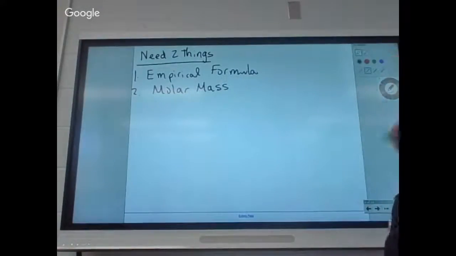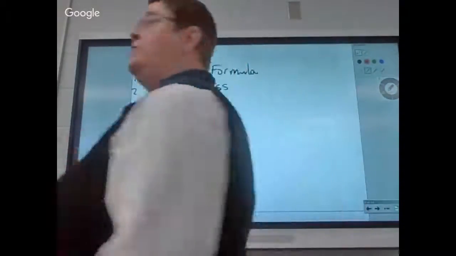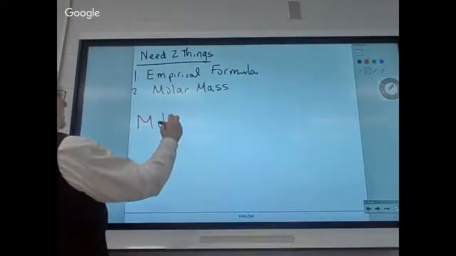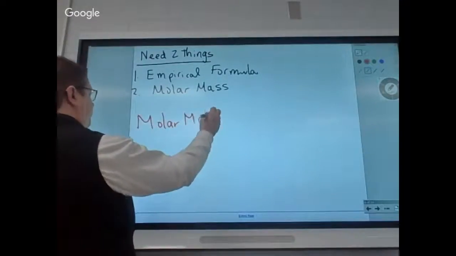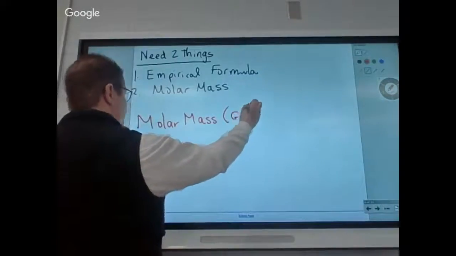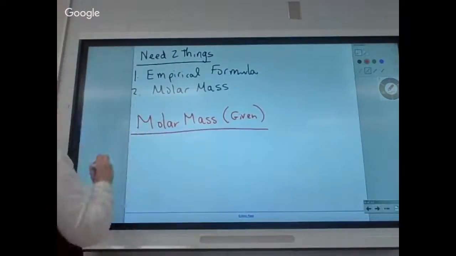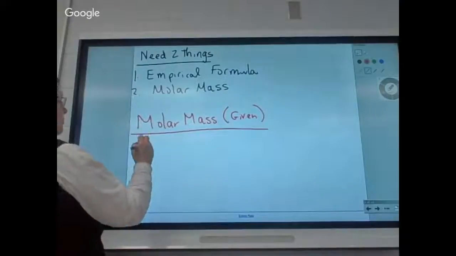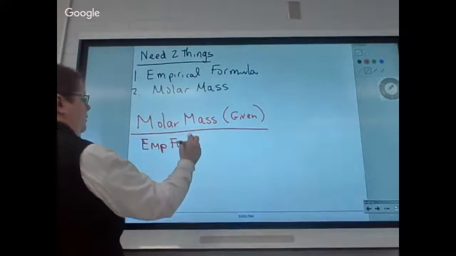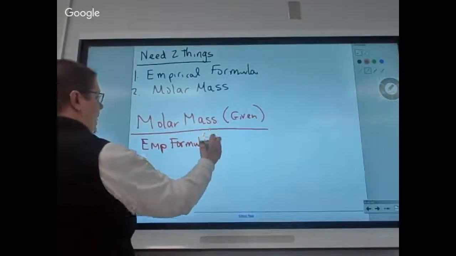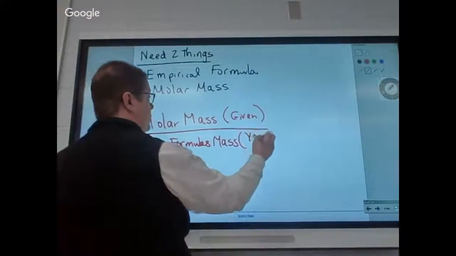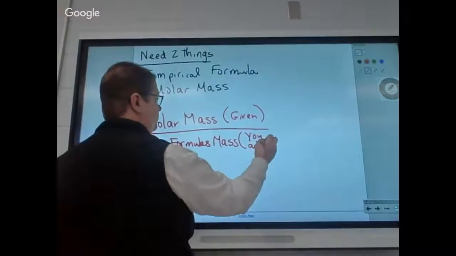All right, so what are you going to need to do to find the molecular formula? You're going to take the molar mass, which is given, and you're going to divide it by the empirical formula's mass, which you add up.